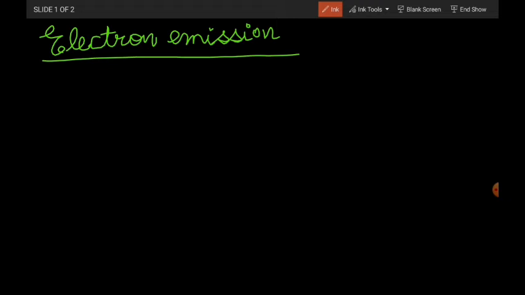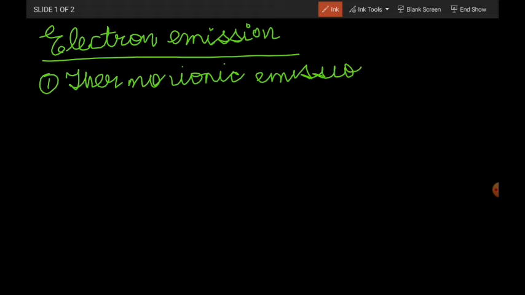This is referred to as electron emission. Now there are various methods. The first one is thermionic emission. This means that we emit the electron by giving excess thermal energy, and the electrons emitted will be thermions or thermo-electrons.